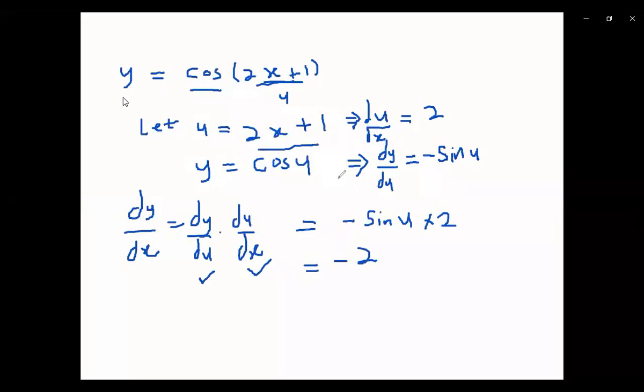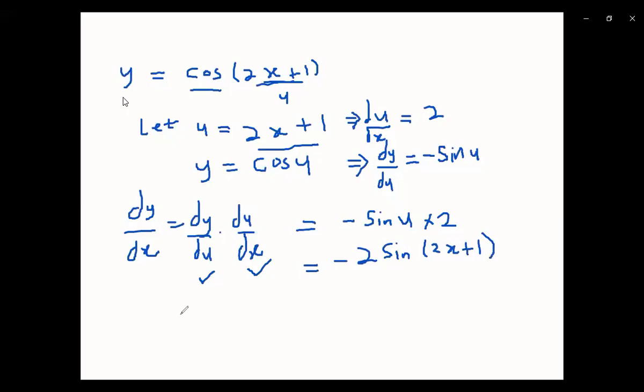So this will be negative sine of 2x plus 1. Okay, so that is how we do the differentiation for a chain function. Okay, good.